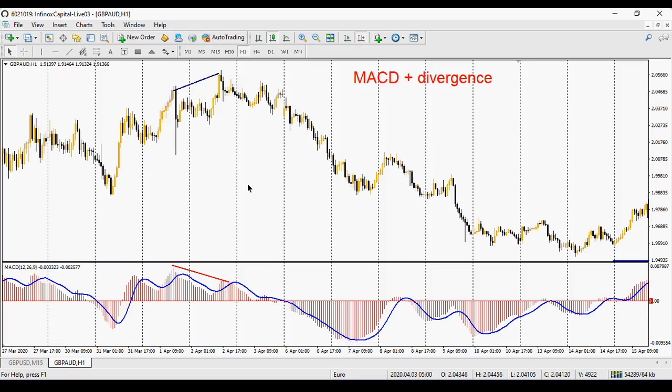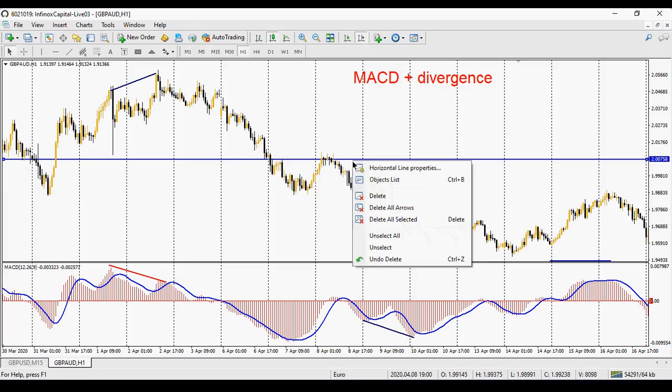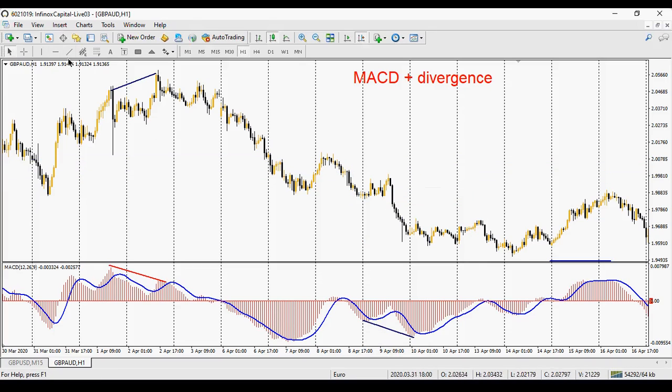Let's look for other areas. Now look at these two regions. This is not a divergence. Why? Because MACD was going down and price was also going down. Sorry, I picked the wrong two. Price was also going down, and the reason is that price is definitely bearish.